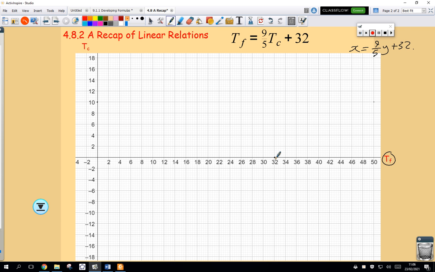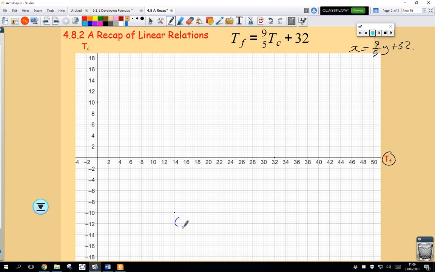I could generate other points. If I go to negative 10 degrees Celsius, 1/5 of negative 10 would be negative 2, so 9/5 would be negative 18. Negative 18 added to 32 is 14, so negative 10, 14. So I can start to generate some points and develop a picture. Let me mark in the coordinates.